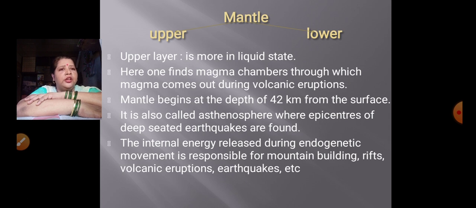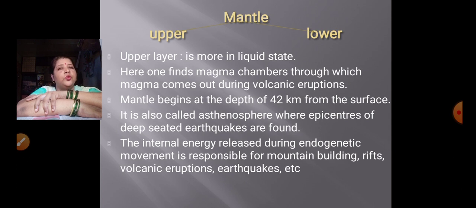And children, if you have seen a volcanic eruption, by chance, or if you have seen it in some video, you all must be knowing what comes out during the volcanic eruption. Yes, it is the hot molten magma which comes out.